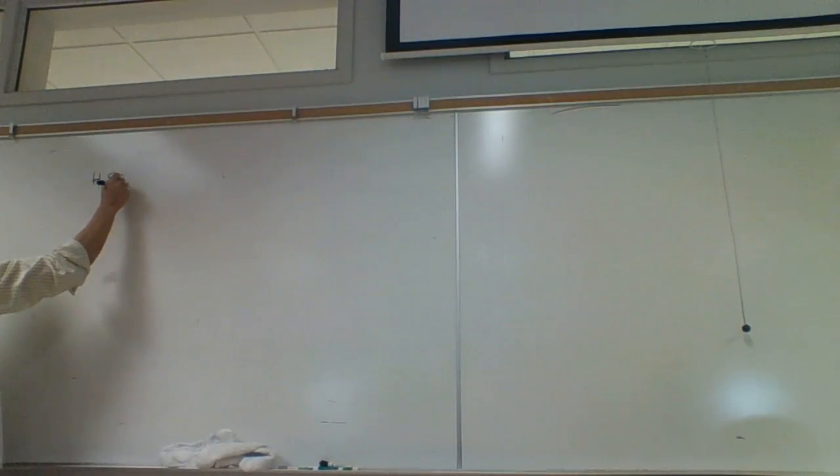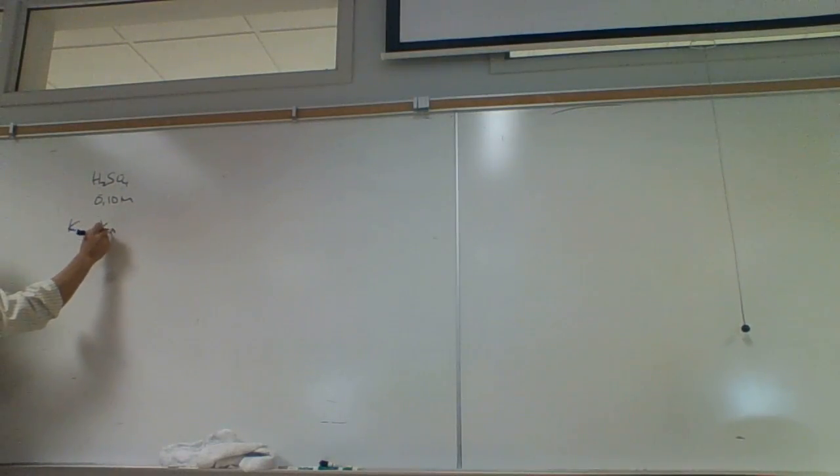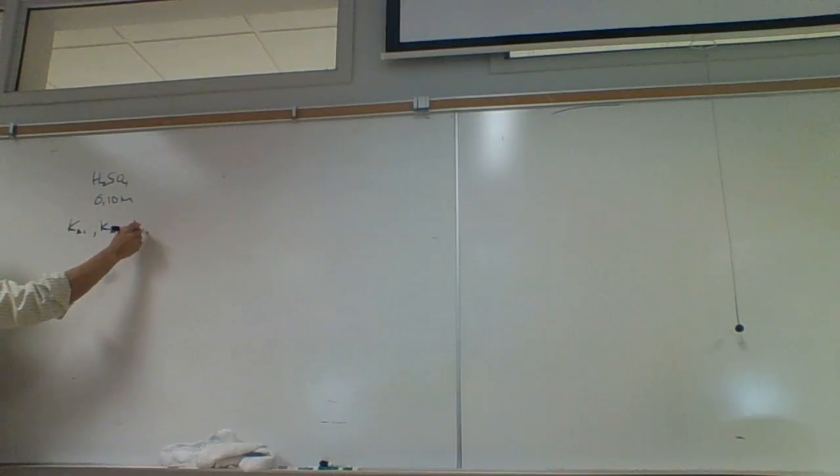So let me finish the problem we were doing yesterday, H2SO4. We had 0.10 molar. H2SO4 is a diprotic acid. And so if we have a diprotic acid, then there's going to be a Ka1, a Ka2, and a Kw. We're going to have 3 steps contributing to the hydronium. As you recall, simultaneous is horrendous.